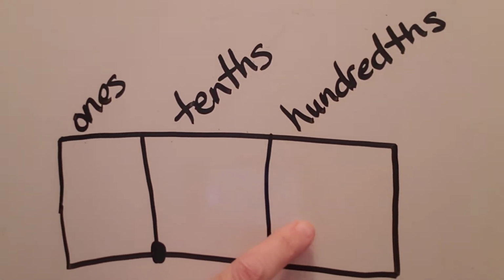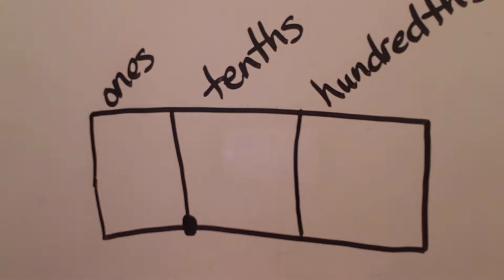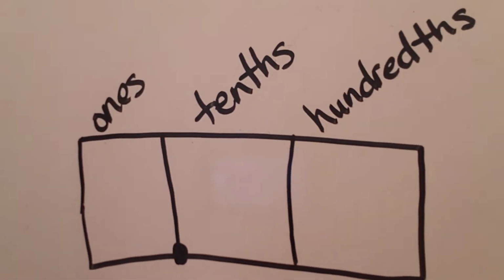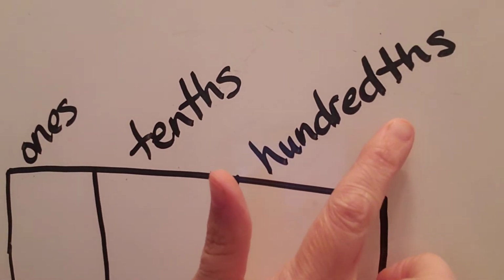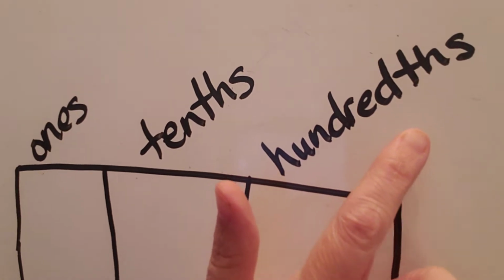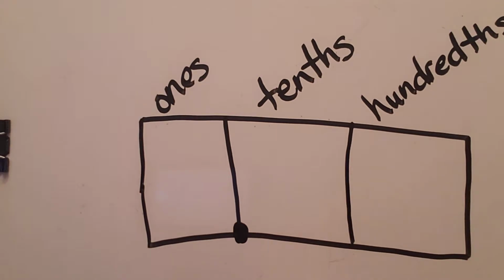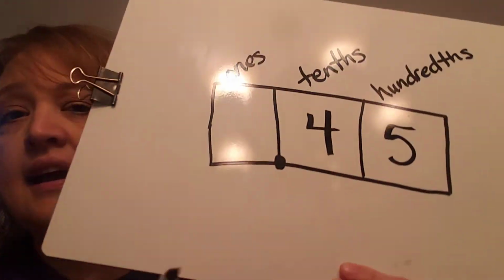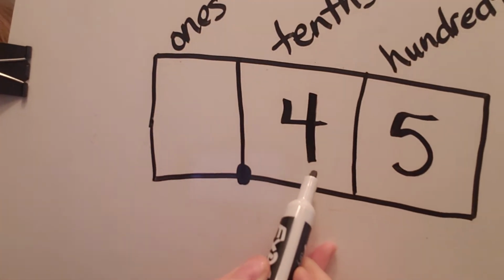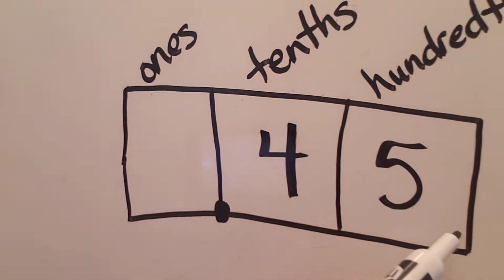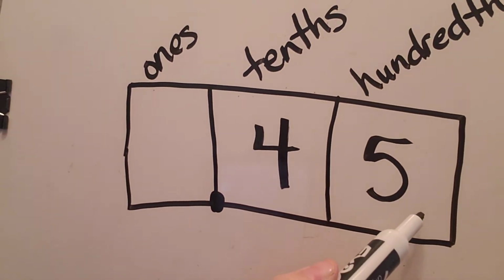Now, the hundredths, THS, that's kind of like the pennies. So if I have 45 cents, I have 4 dimes and 5 pennies.